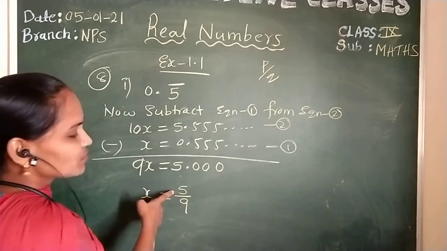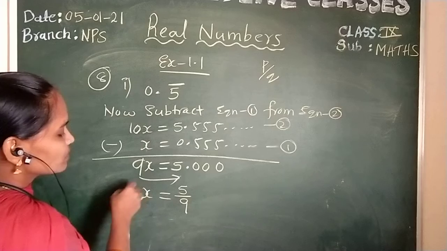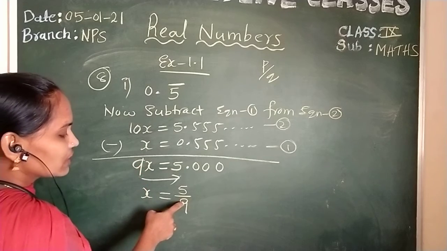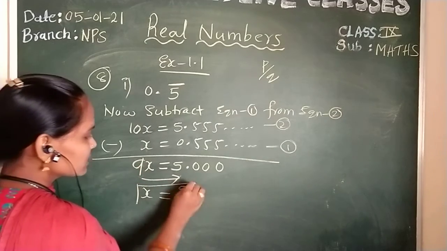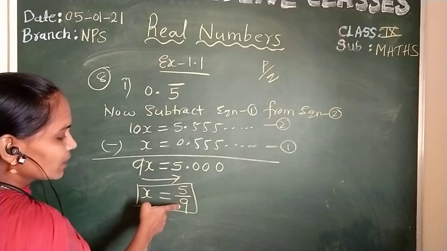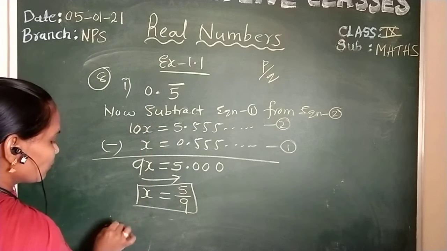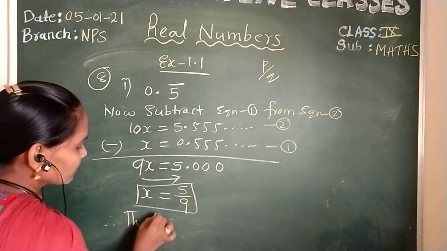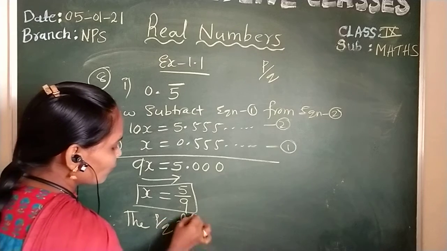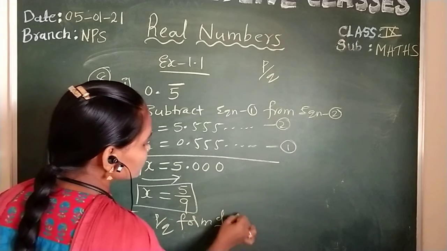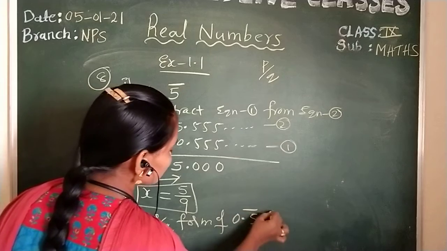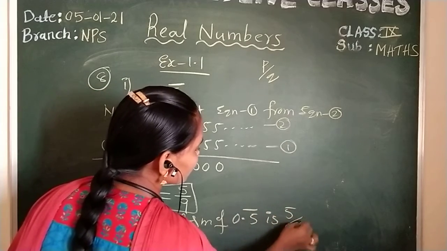Taking the transpose of multiplication gives division. This is P by Q form. So therefore the P by Q form of 0.5 bar is 5 by 9.